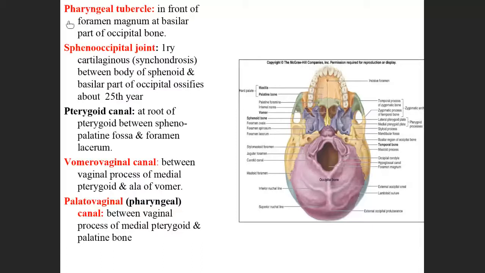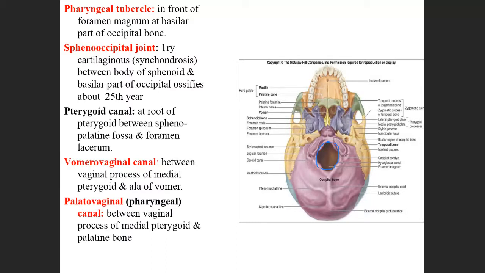Then what is the pharyngeal tubercle? Where is this pharyngeal tubercle present? In front of the foramen magnum, at the basal part of the occipital bone. What is the foramen magnum? It is a large opening at the base of the skull.